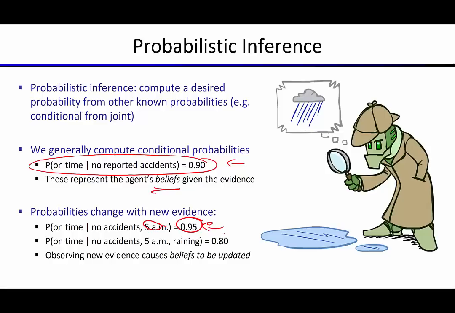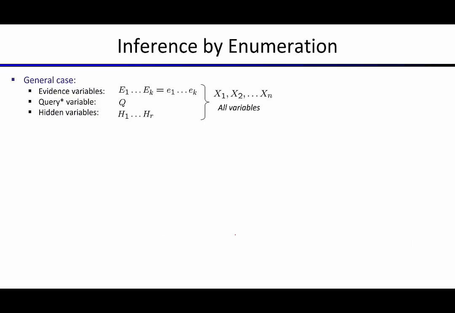If you get even more evidence, now you also find out that it's raining, your probability might drop again because now it's less likely you'll be on time. And so it's an interesting progression here where as you get new evidence, you'll update your distribution, and the probabilities could go up or down depending on the evidence that comes in and depending on how these measured variables interact with the unobserved variable.